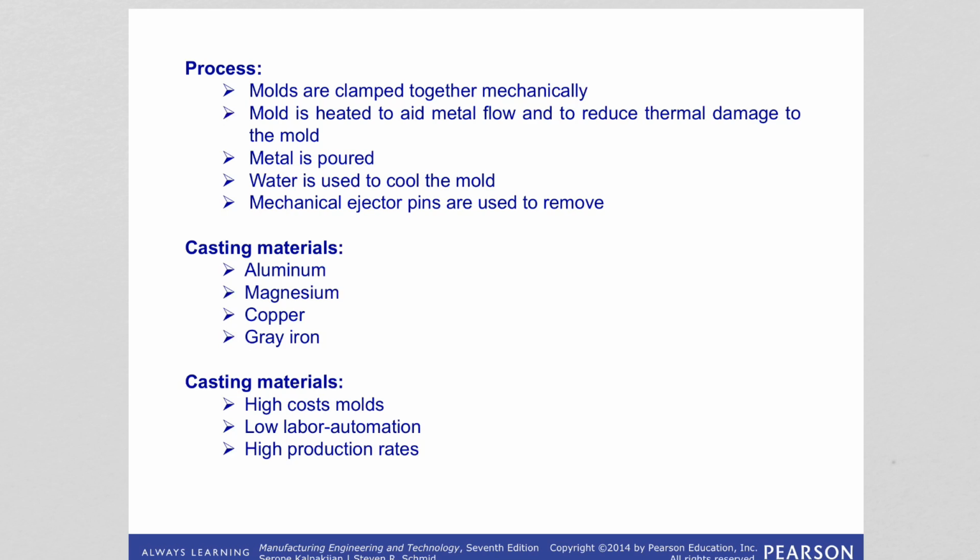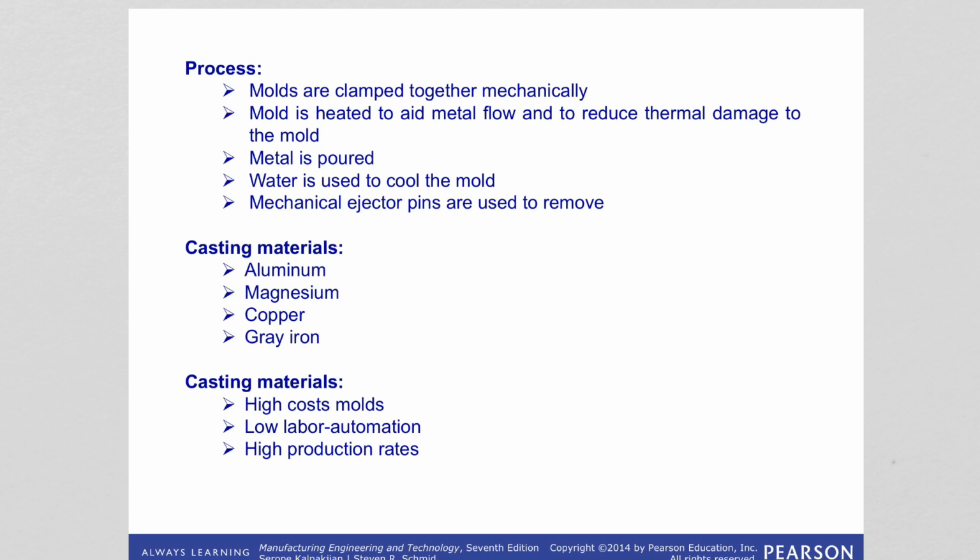So what is the process here? Molds are clamped together mechanically, and the mold is heated to aid the metal flow. And you know the fluidity of the metal is very important, and this also reduces the thermal damage, because if the mold is kept at lower temperatures, as you keep pouring the hot metal, it will be exposed to thermal shocks, and we don't want that.